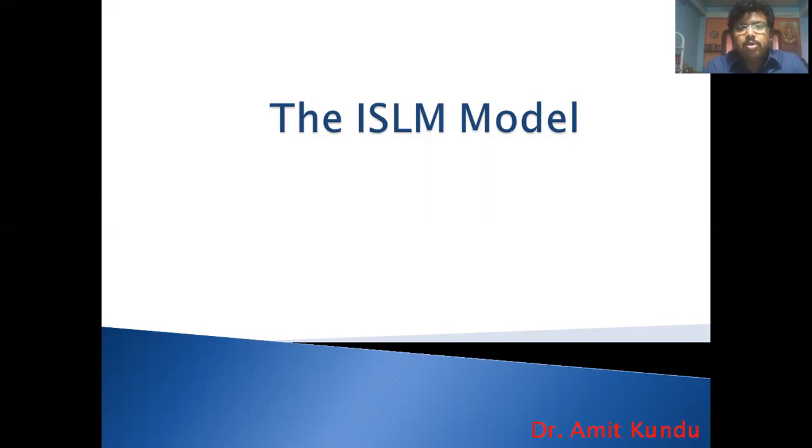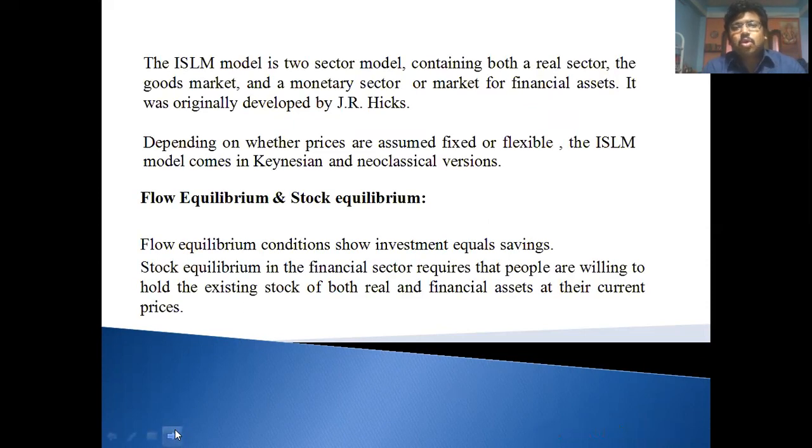The ISLM model is a two-sector model containing both a real sector, the goods market, and a monetary sector or market for financial assets. It was originally developed by H.R. Hicks.